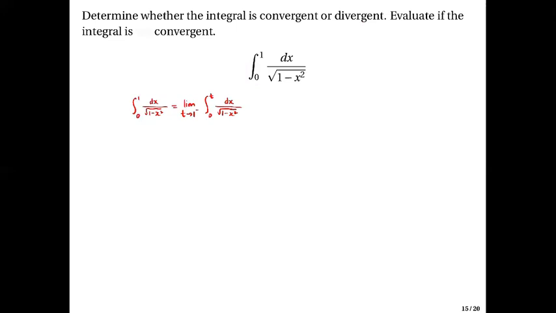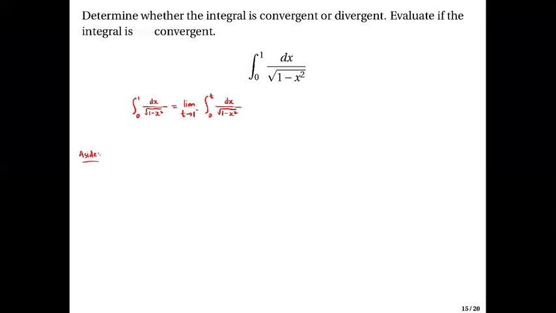If you don't remember the formula for this, especially if you can't remember the integral of dx over square root of 1 minus x squared, you can always use your trigonometric substitution. That's what we're going to do here.